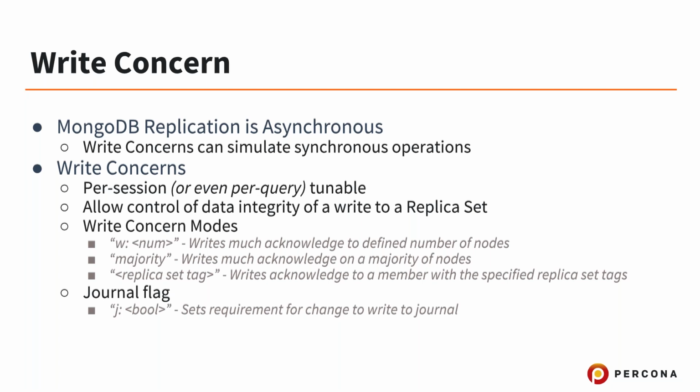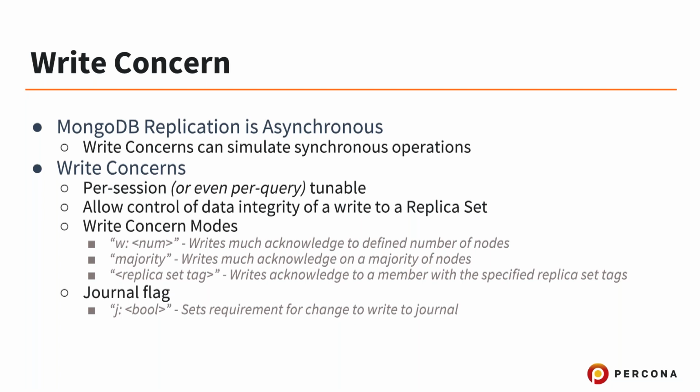Cassandra, I think you can specify the replication factor of a new collection or table, but not on a per query basis, I believe. Don't quote me there, but it's amazing how flexible this is, that with write concern in Mongo per session or per query, we can say 5 nodes need to acknowledge this, or everyone needs to acknowledge this, or just one node needs to acknowledge this.